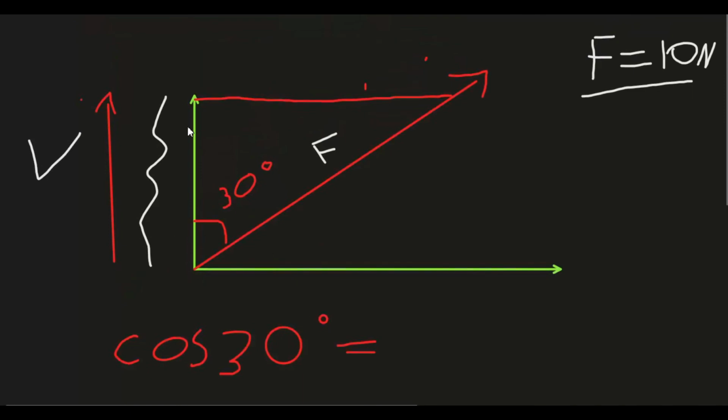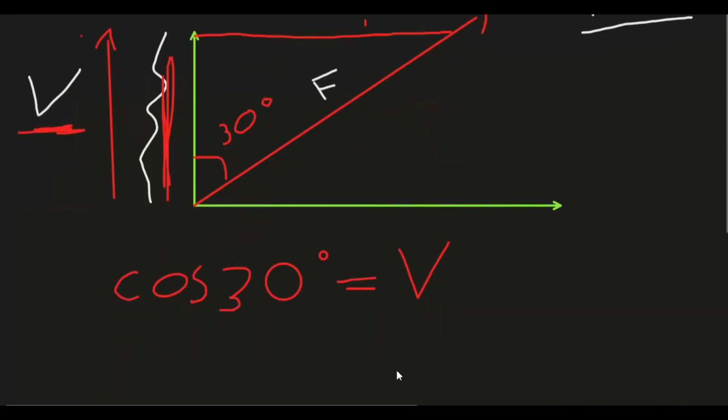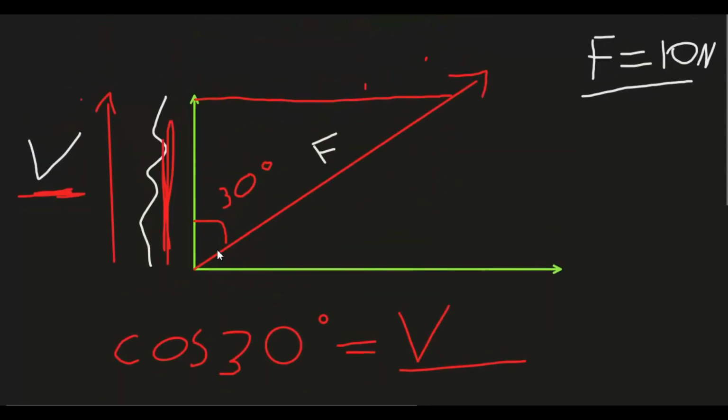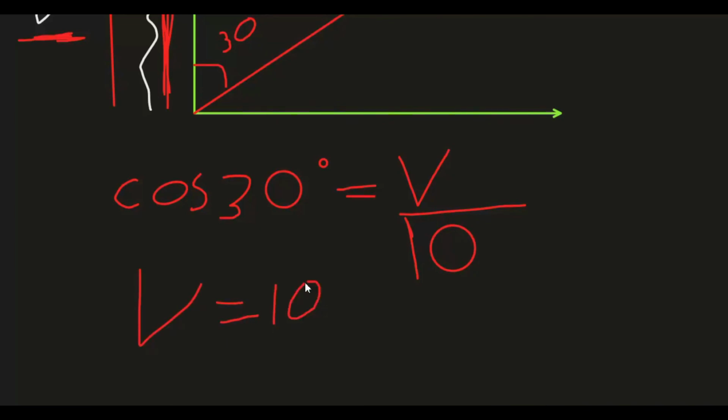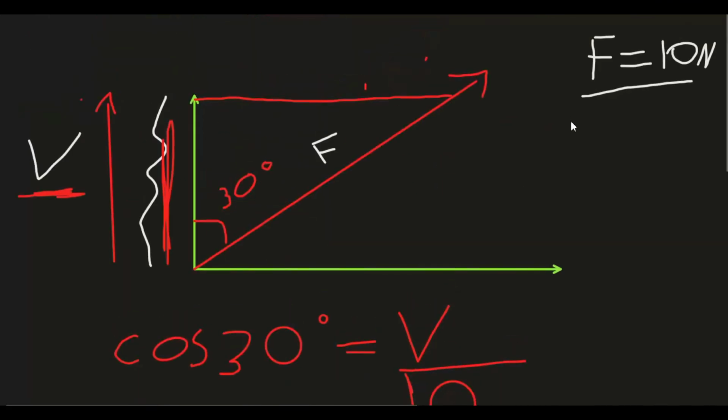So this is the adjacent side, and we are finding this side, so it's v by hypotenuse, and the hypotenuse we know is 10. So basically v equals 10 cos 30, as simple as that. So basically this is the vertical component of F.